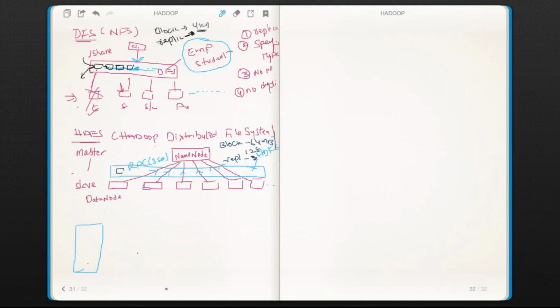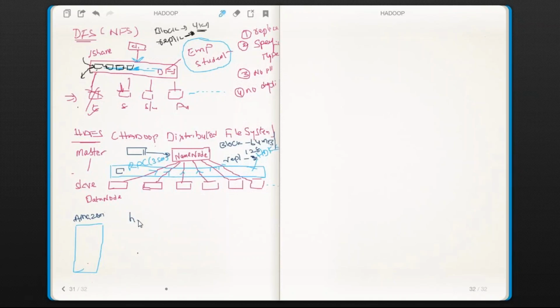Okay, so let's say I want to put some Amazon data into HDFS. So I'll be having a client machine. When I run the command, this is the easiest command, guys.